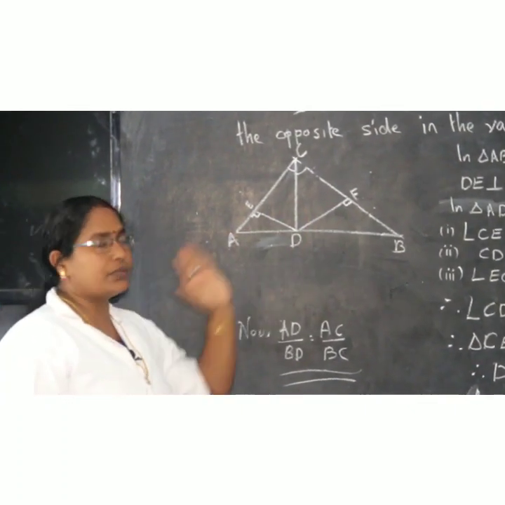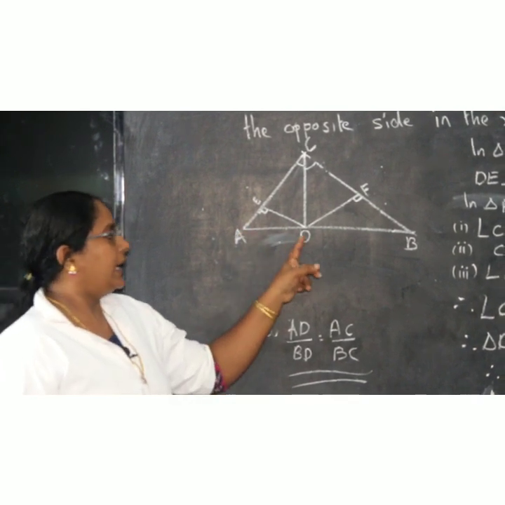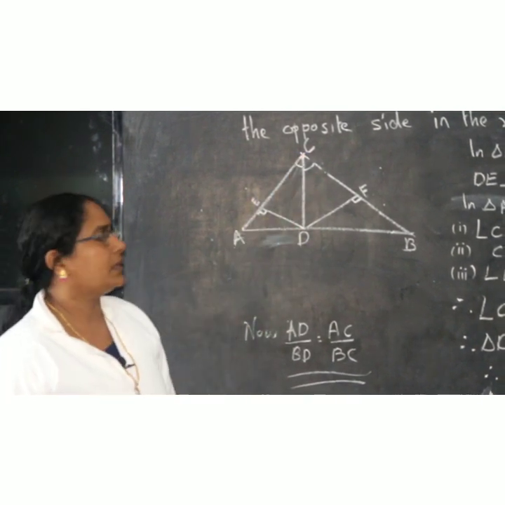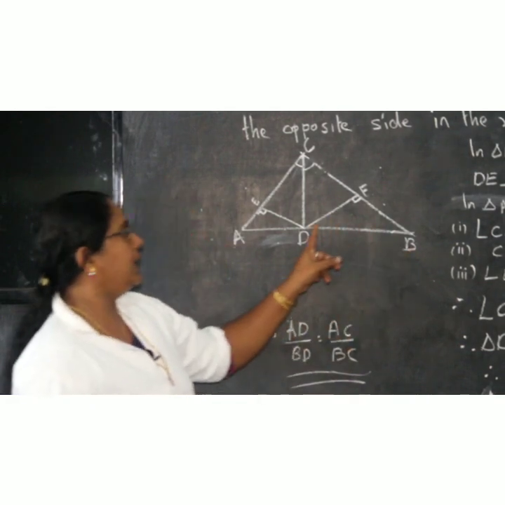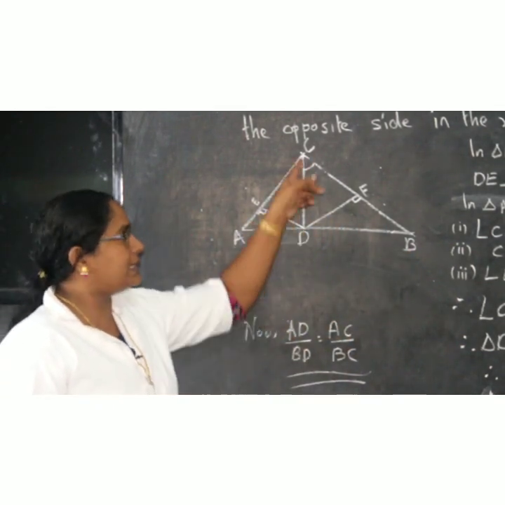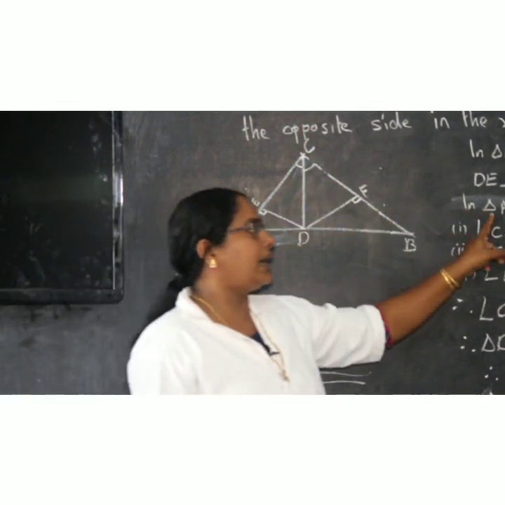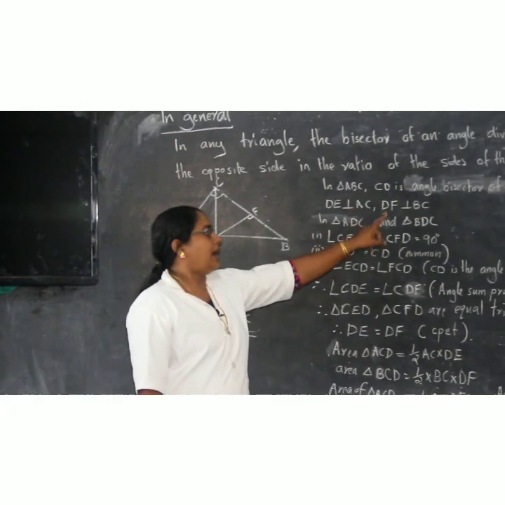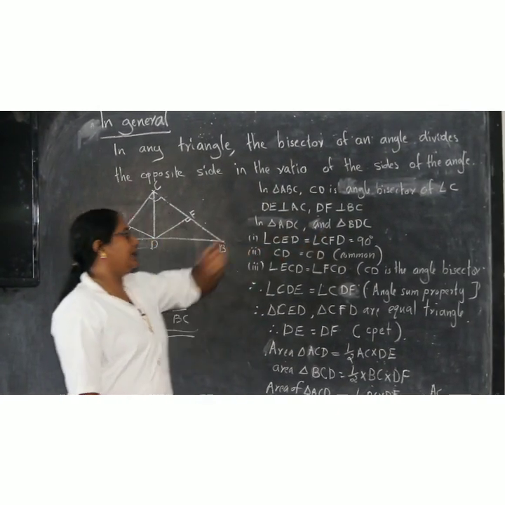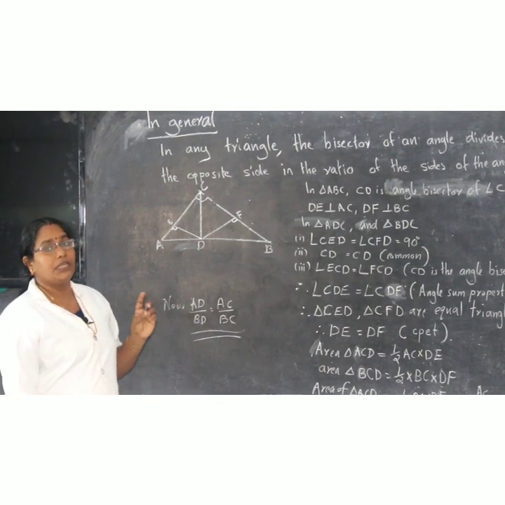This is divided into two triangles: the first triangle is ADC, the second triangle is BDC. In triangle ADC and triangle BDC, we want to prove these two triangles are equal.